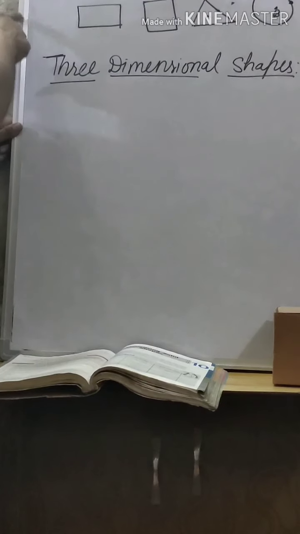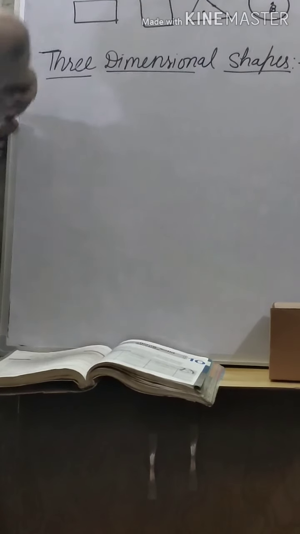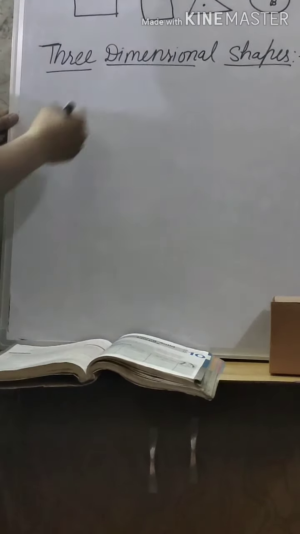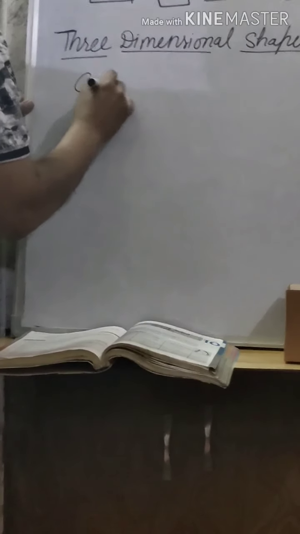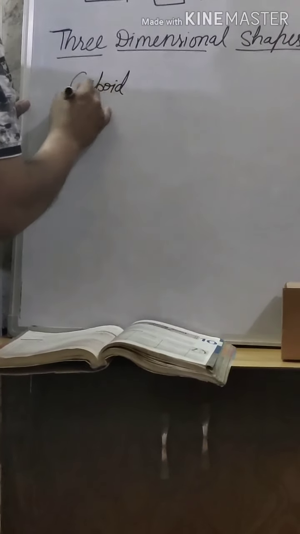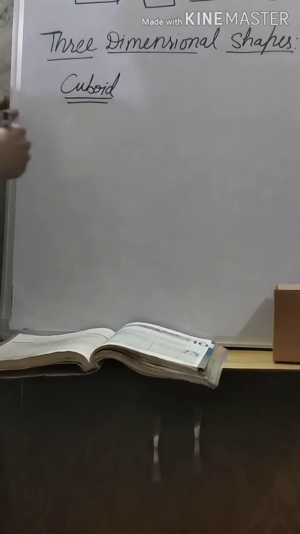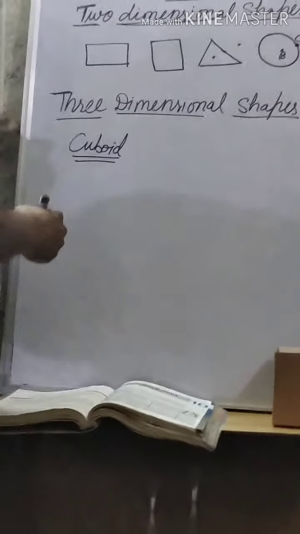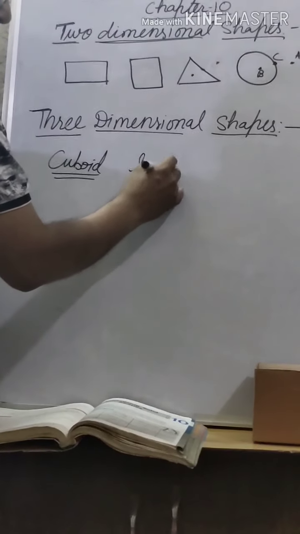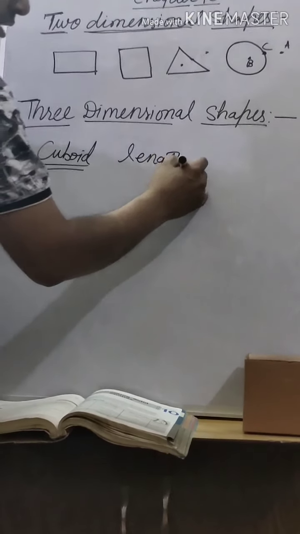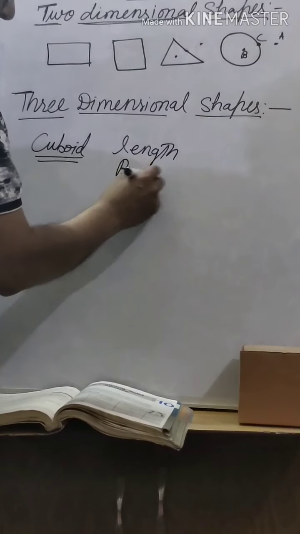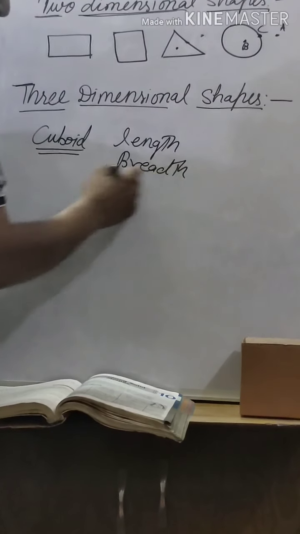Understand? So what name will you give this shape? You can say cuboid. A cuboid is a three-dimensional figure which has length, breadth, and height also.